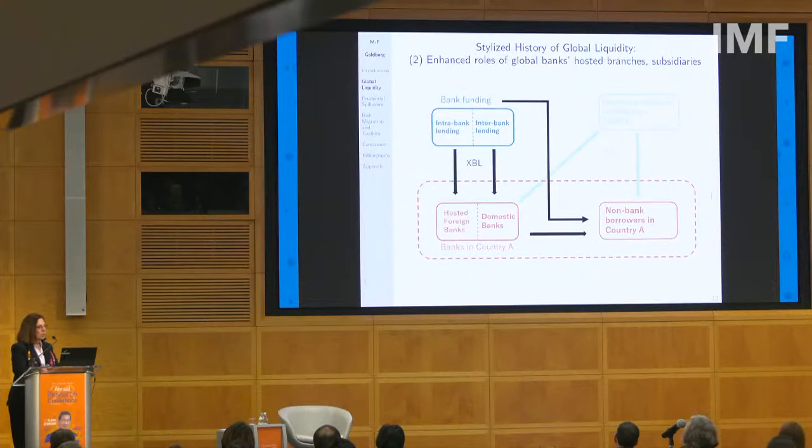Let's go to episode 2. Episode 2 is the mid-1990s through early 2000s. Often, following financial crises, countries liberalized their capital accounts and permitted more participation of foreign banks in their local economies. Global banking expands through branches and subsidiaries in foreign locations, and then direct lending also increases to other non-bank customers.